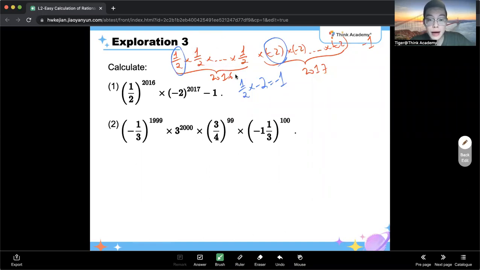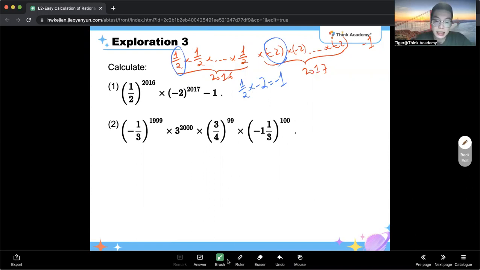We know that we have 2016 of 1/2s, but then one more of the minus 2s, which means that the fewer one is limiting the number of groups you can form, right?